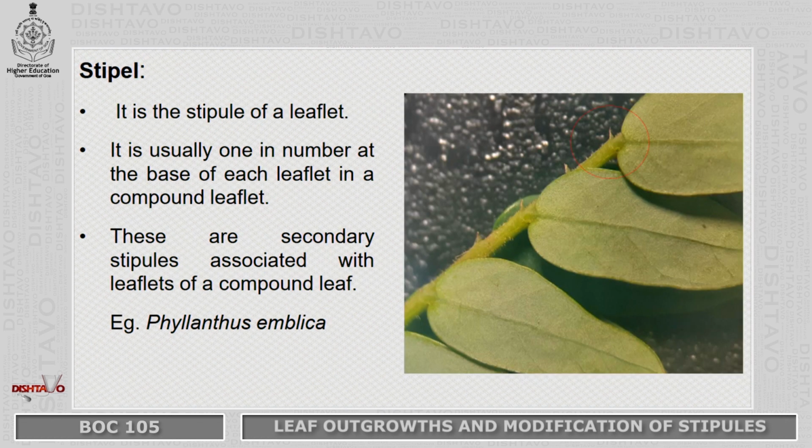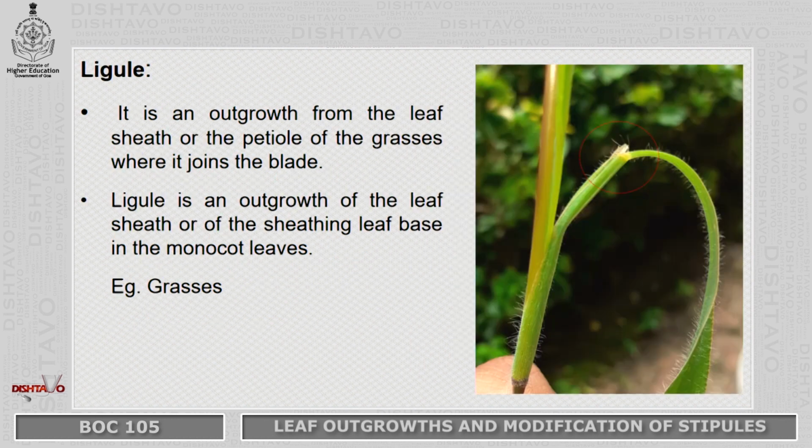The stipel is the stipule of a leaflet. It is usually one in number at the base of each leaflet in a compound leaf. These are secondary stipules associated with leaflets of a compound leaf, and these are prominently seen in the plant Phyllanthus emblica.